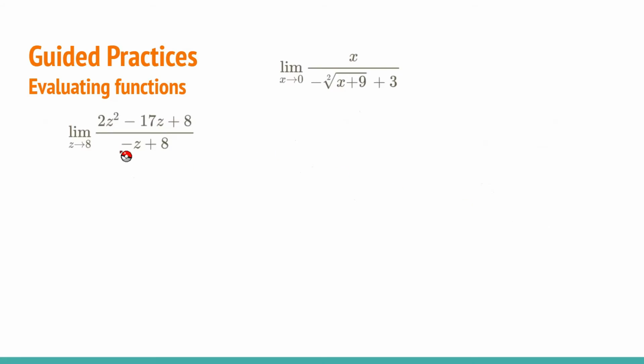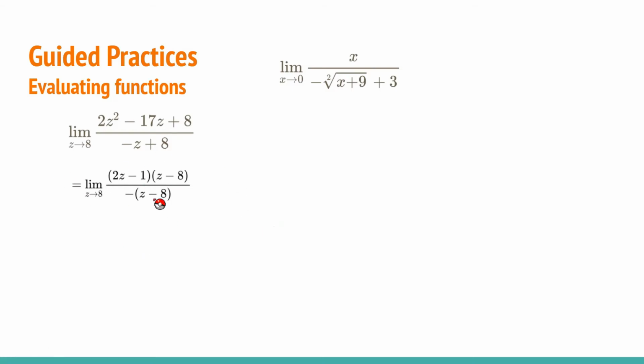Next, the limit of 2z squared minus 17z plus 8 over negative z plus 8 as z approaches 8. In this kind of function, we have to simplify them first by factoring or transforming them into binomials, like the previous function.